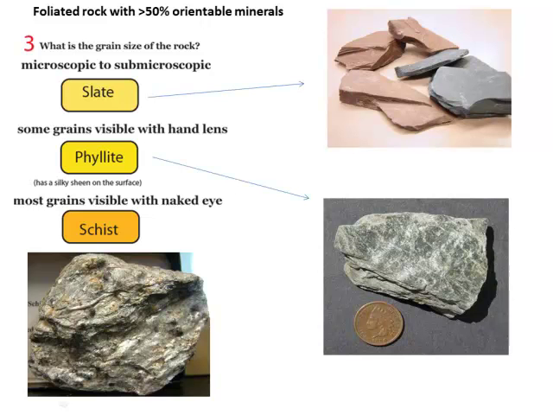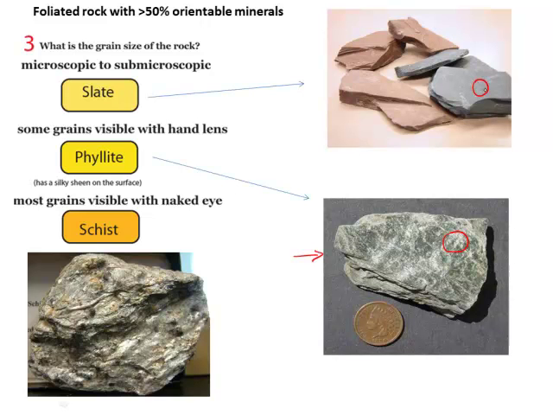A phyllite, on the other hand, is a bit more coarse grained, as shown in this image, with the result that you can identify a few grains with your hand lens. That said, perhaps the best way to distinguish between a slate and a phyllite is to look at the surface of the rock and to see whether the rock exhibits a sheen.